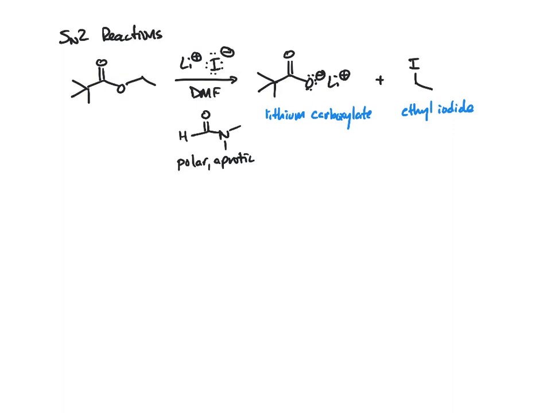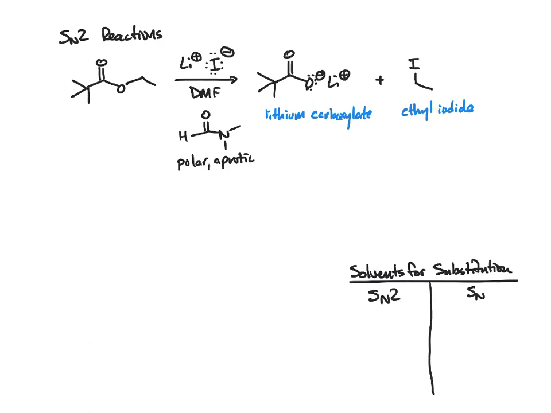Could you say what the difference is between protic and aprotic? Sure. I'll make a little box down at the bottom here. So in general, solvents for substitution: for SN2, you want polar aprotic.